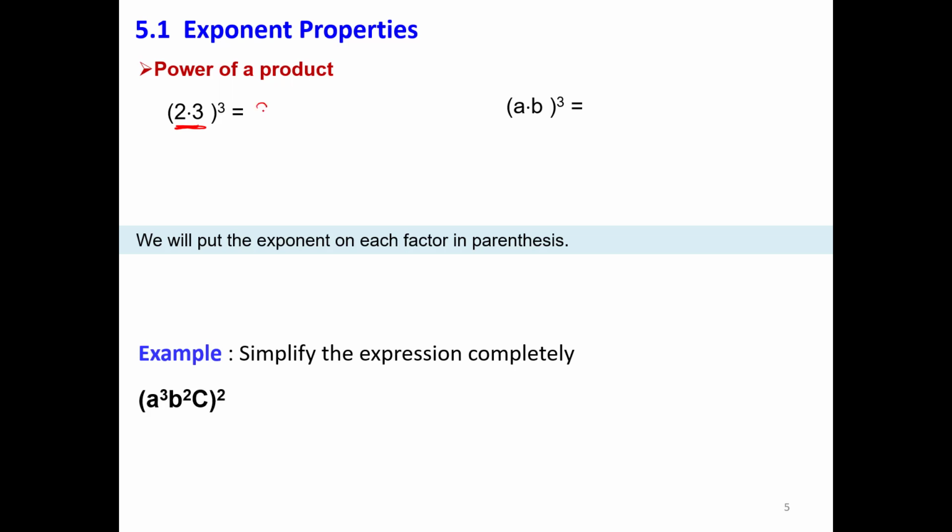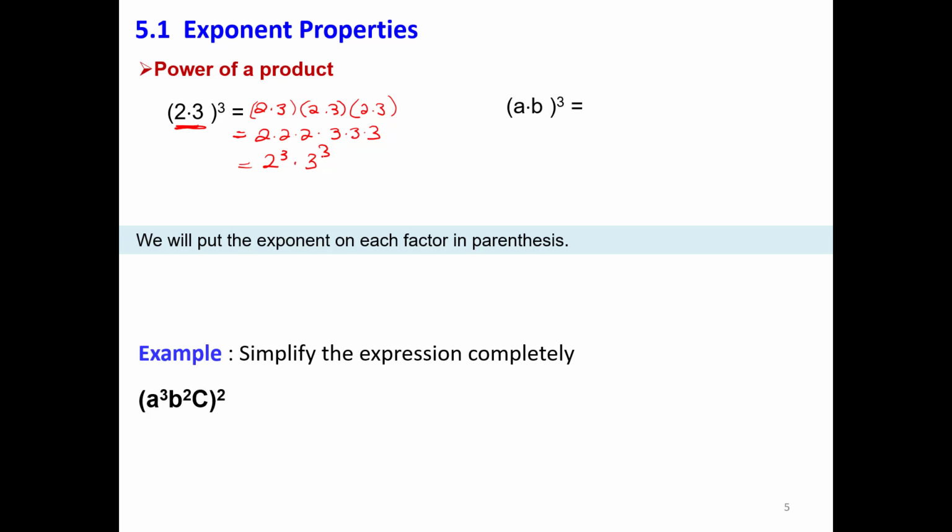Then it's 2 times 3, 2 times 3, 2 times 3, 3 times. But we can write this like 2 times 2 times 2, times 3 times 3 times 3. Then we can write this like 2 to the third times 3 to the third.